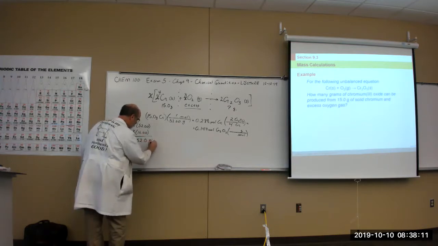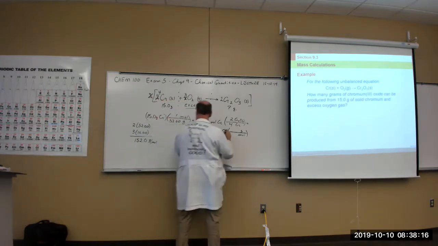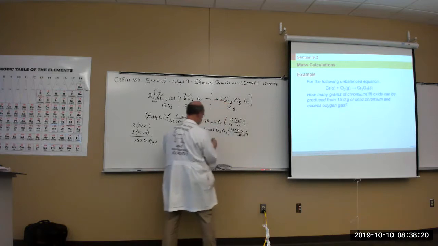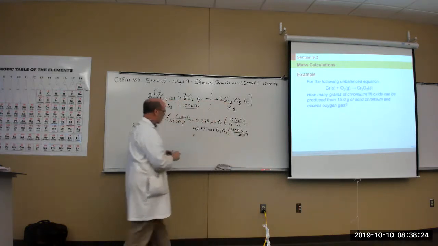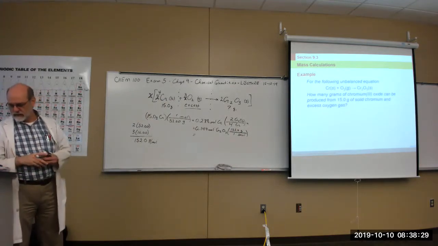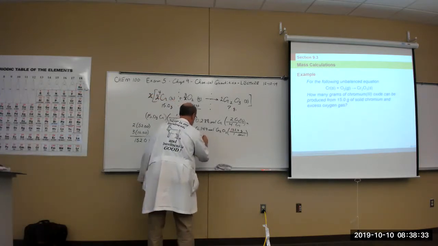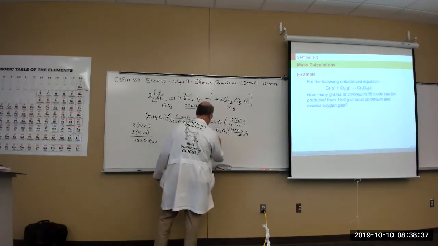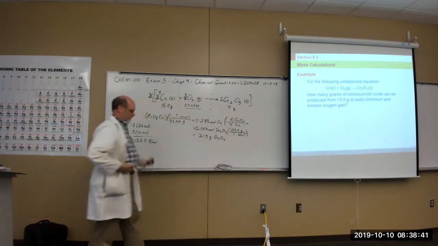Grams per mole. So there's our new conversion factor. Grams per mole. Moles cancel. Leaves us with grams. So what would that be? 0.144 is 21.9 rounded off. Of chromium 3 oxide. So there's your answer.